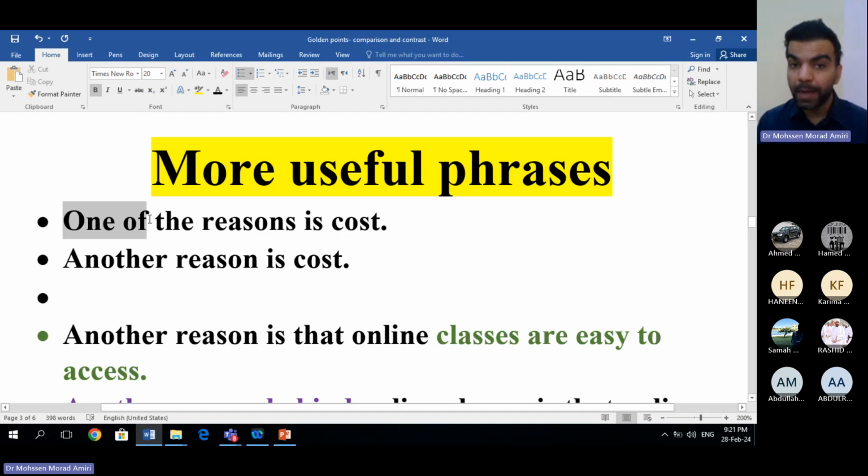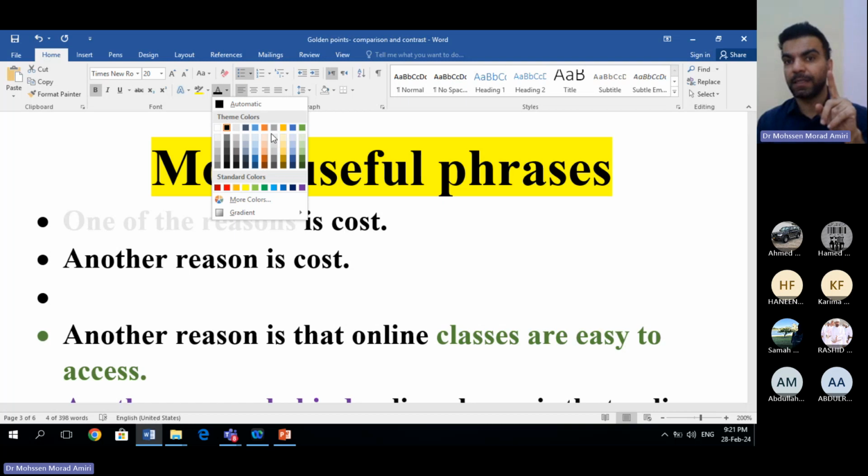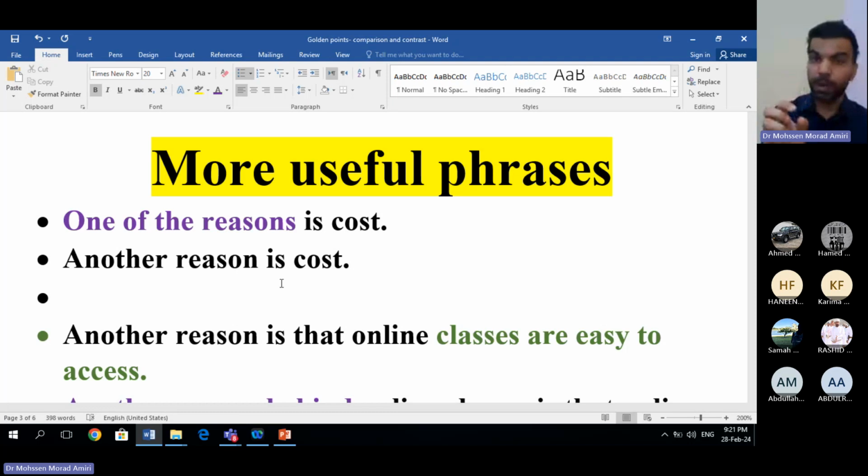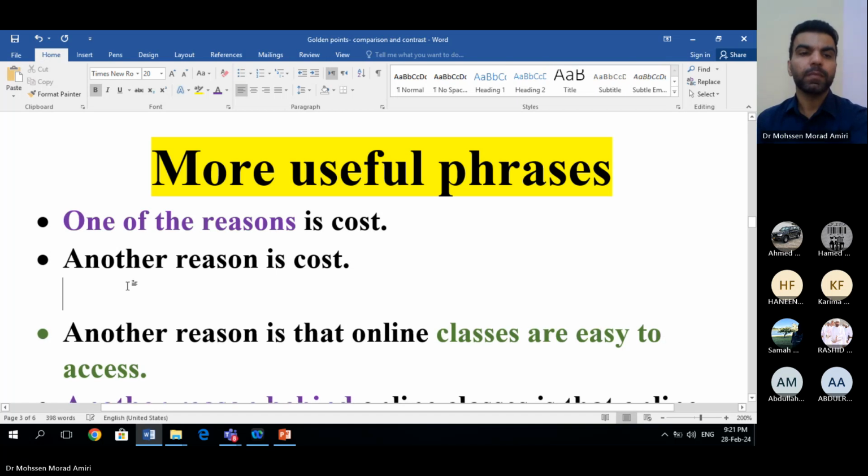My goal is teaching this sentence. You can use these sentences in the body. Your body is the most important part, as you know. So, one of the reasons is cost. One of the reasons is that. We'll go one by one.